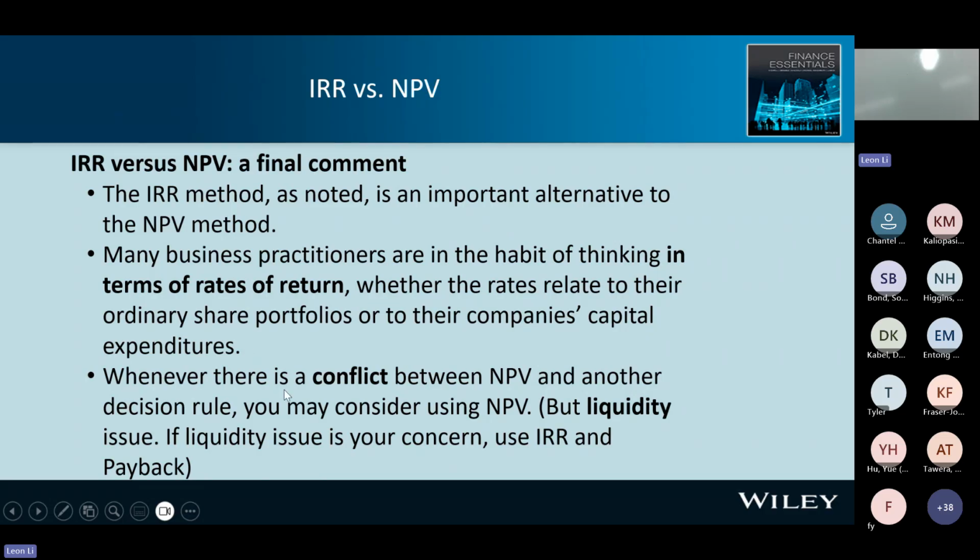Whenever there's a conflict between NPV and another decision rule, you might consider using the NPV, particularly when your project has an unconventional cash flow. If your project has unconventional cash flow, NPV will be the best method.